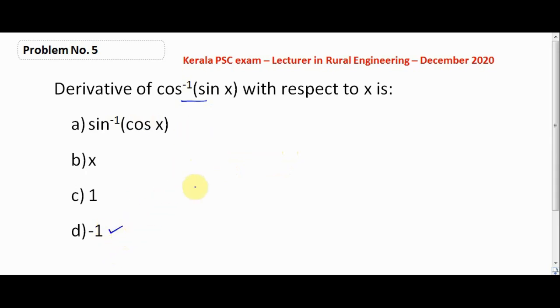Let's see how to solve this. Here this function is in the form f of g of x. The outside function f is the inverse cosine function and the inside function g is sin x. The derivative of this function as per chain rule will be f dash of g of x into g dash of x.